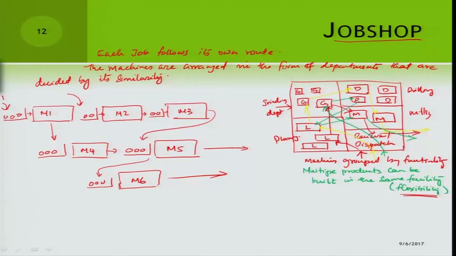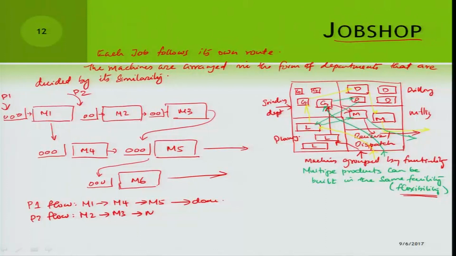So this is product 1 and this is product 2. The product 1 flow is M1 to M4 to M5, done. Product 2 flow is M2 to M3 to M5 to M6, and done.